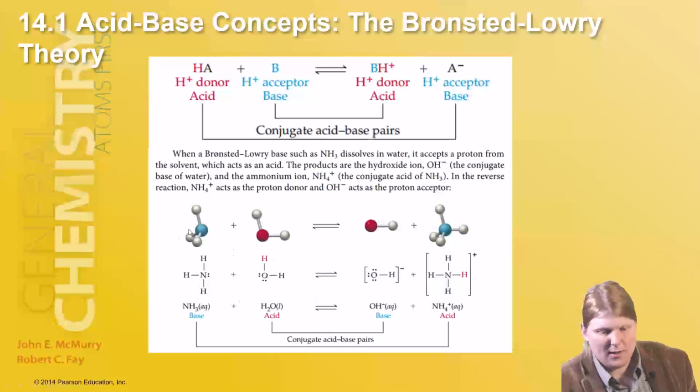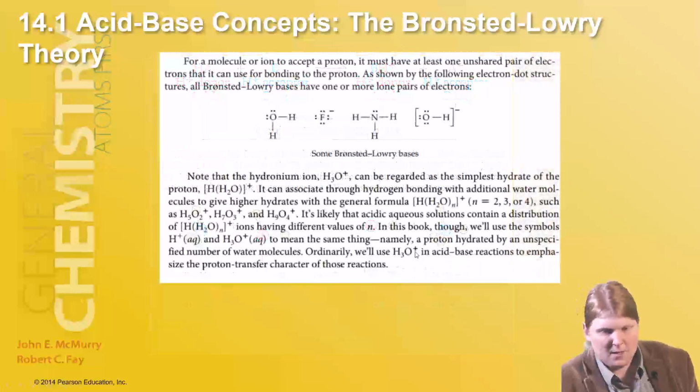So you can see how it's not that the NH3 had any OH on itself, it just generates it by taking a proton from water. So this is a Bronsted-Lowry base, but it's not an Arrhenius base. Many Bronsted-Lowry bases operate in this same kind of way, like they're able to take protons from things. And that's how they establish their basicity.